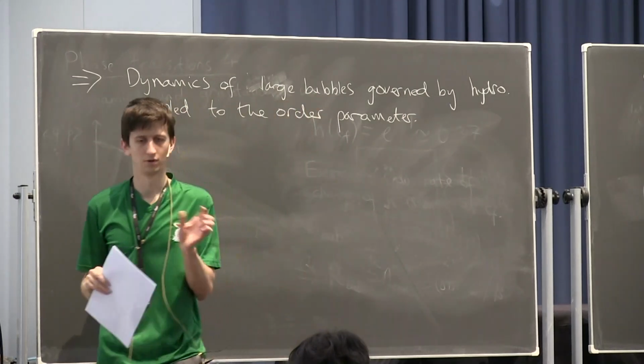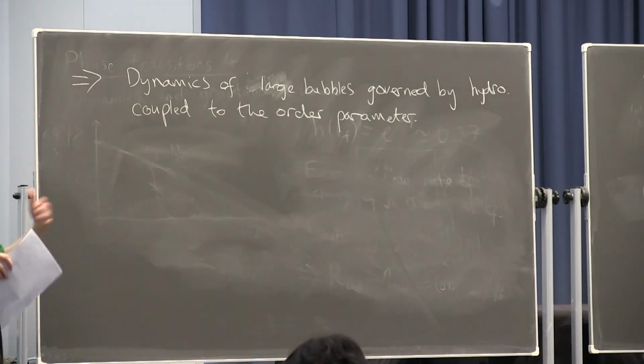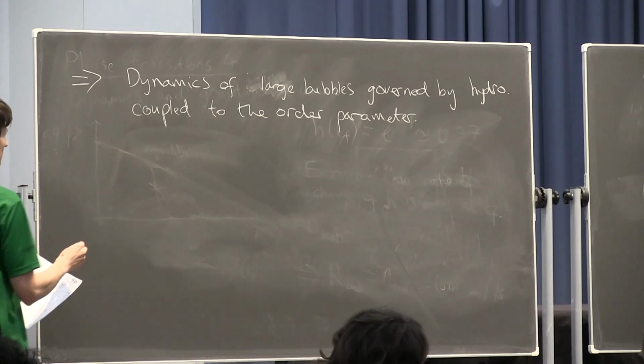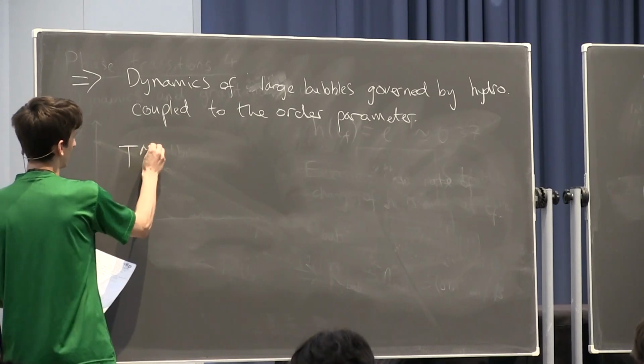Because all kind of length scales that might be related to collisions and so on are going to be minuscule compared to these scales. So what does that look like?